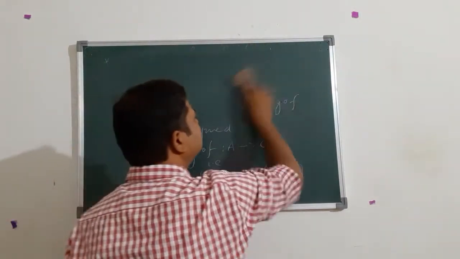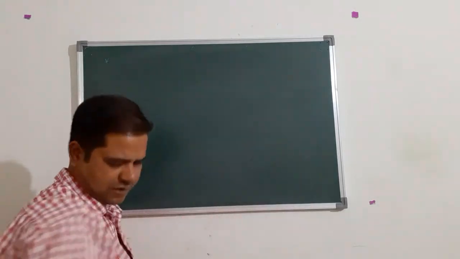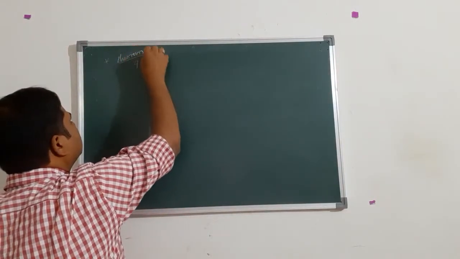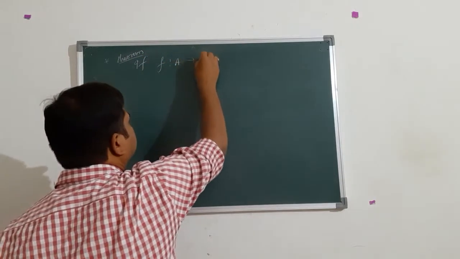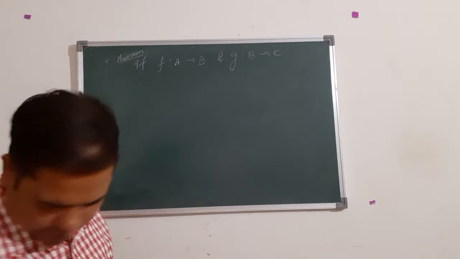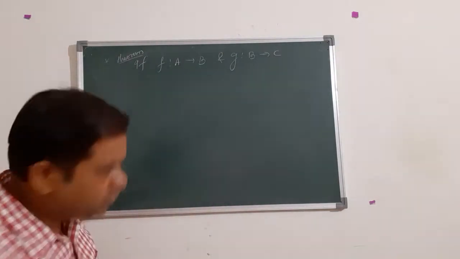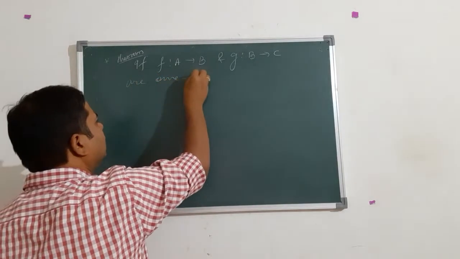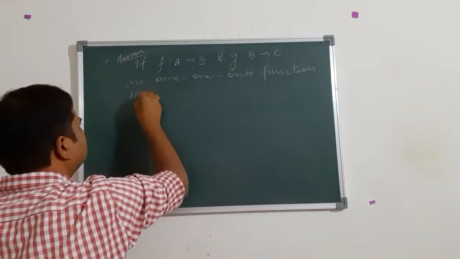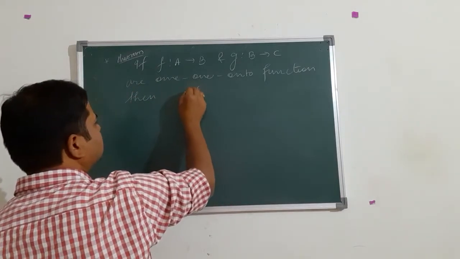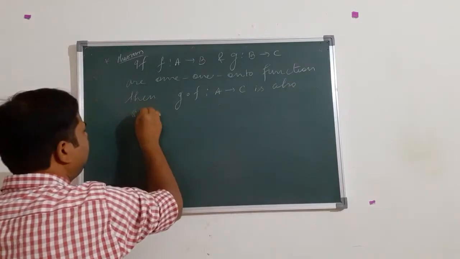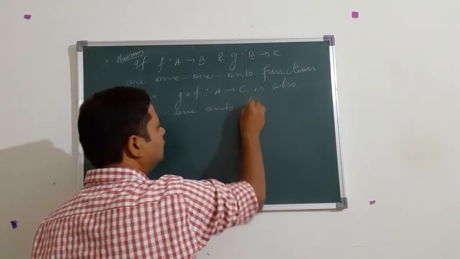Now some theorem based on this. Theorem: if f from A to B and g from B to C are one-one onto functions, then f composition g from A to C is also a one-one and onto function.